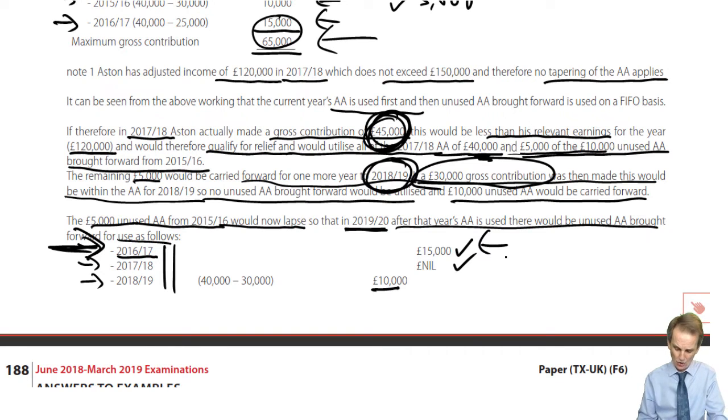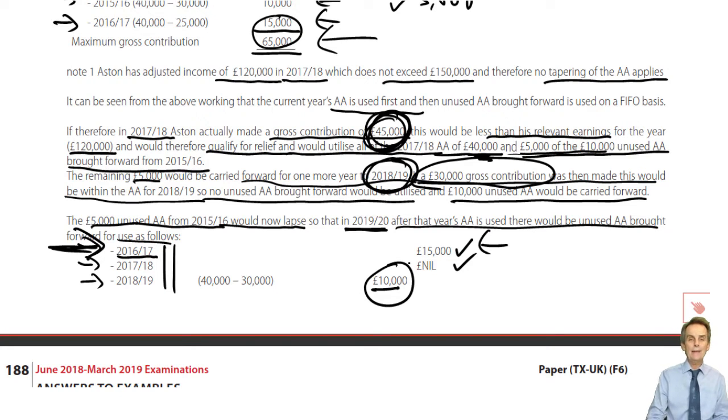We'd start to consume the 15,000 still available from 1617. And if we don't use that in the 1920 tax year, then by 2021 it will have lapsed and we won't be able to access it at all. Nothing, of course, in 1718, and the 10,000 that we've just generated from 1819 there.